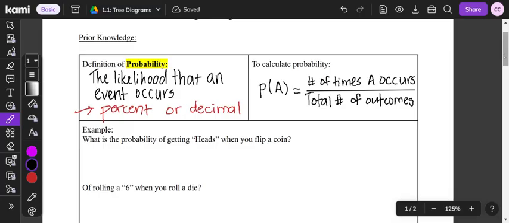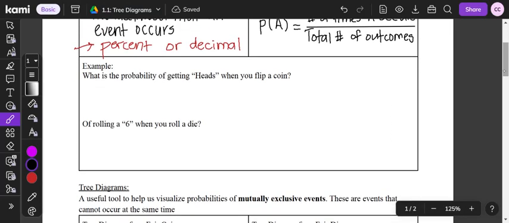So when we look at the examples below, we've got two really common, really easy examples to calculate the probability for. So the first one says, what is the probability of getting a heads whenever you flip a coin? So you guys should know, if you're flipping a coin, you really only have two outcomes, either heads or tails.